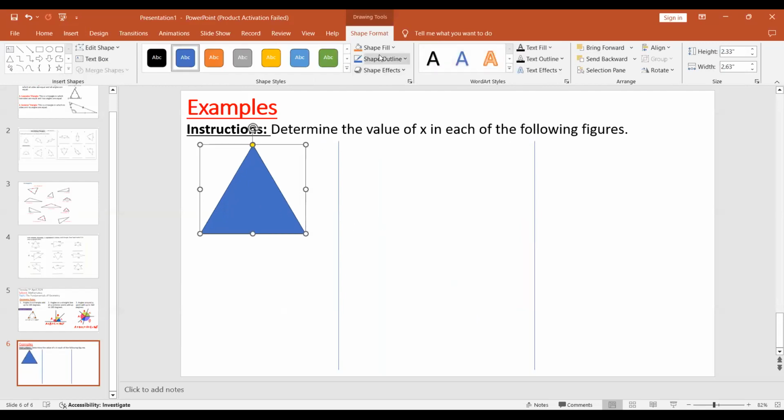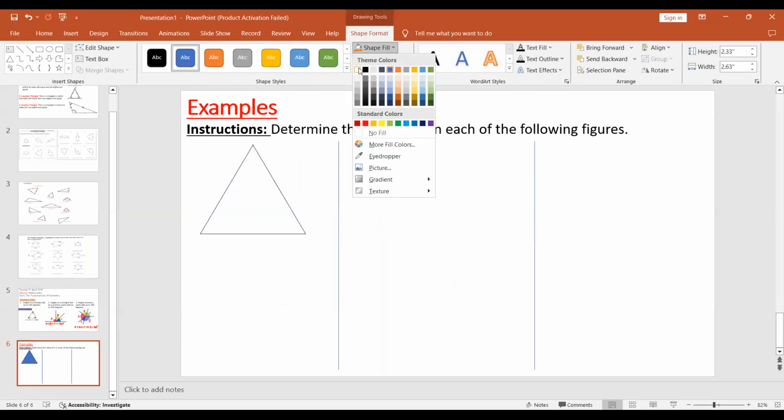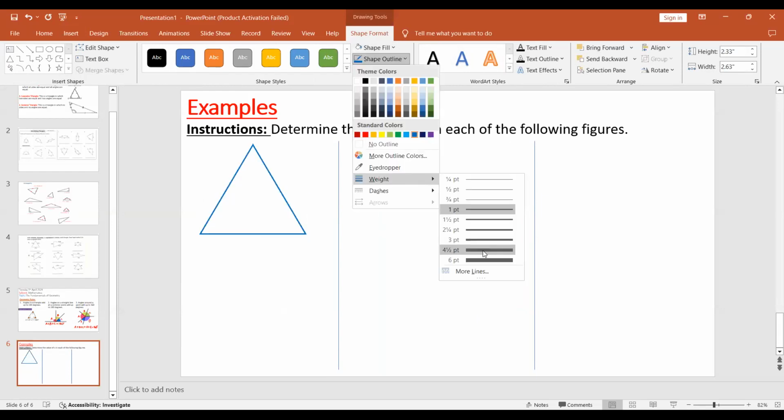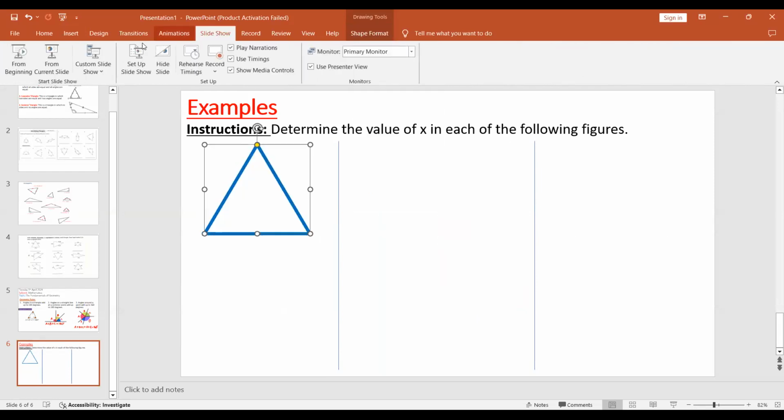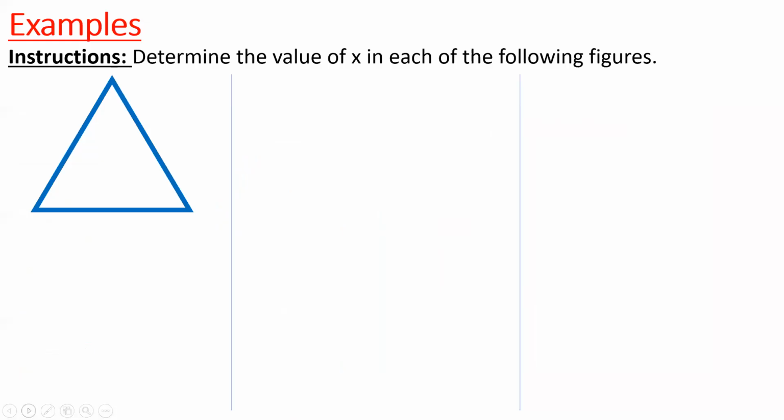Make sure that you draw this triangle. We're going to call this number 1. Let's say that we know that the measure of this angle is 59 degrees. And this angle right there is 75 degrees.